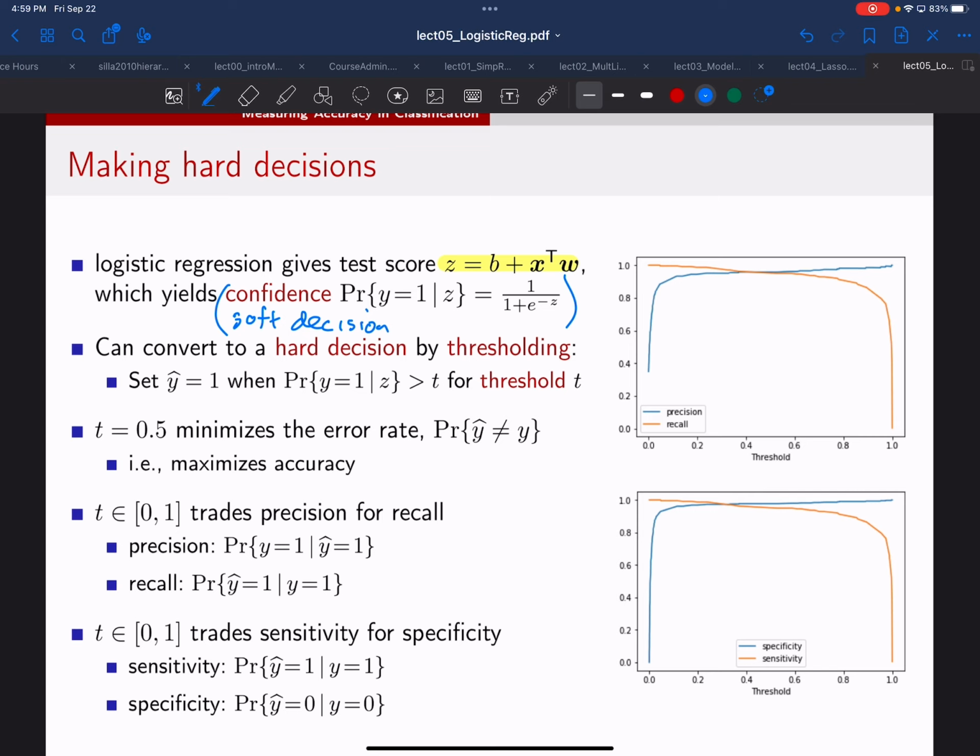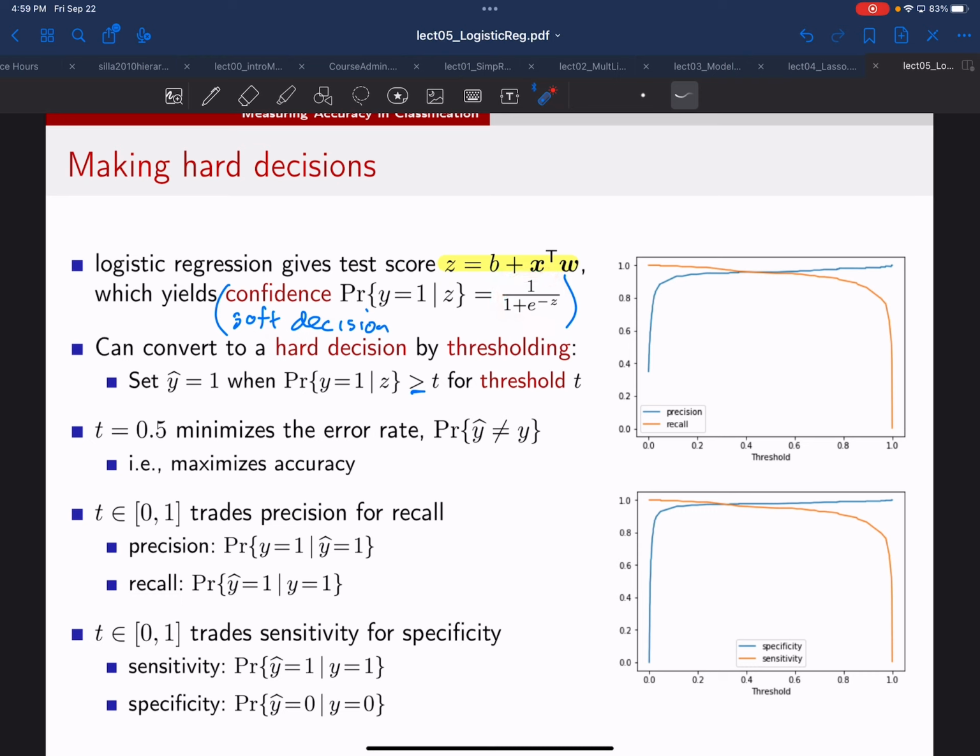Now, at the end of the day, though, you need to make a decision. Is y going to be 1 or 0? And so that's when you finally have to convert it to a hard decision. But now, one way that you have some flexibility is essentially where you quantize it. So until now, we focused on quantizing at z equals 0, which would correspond to a probability of 0.5. Right?